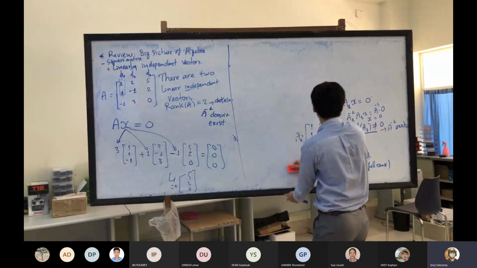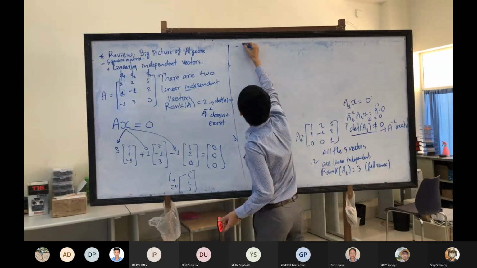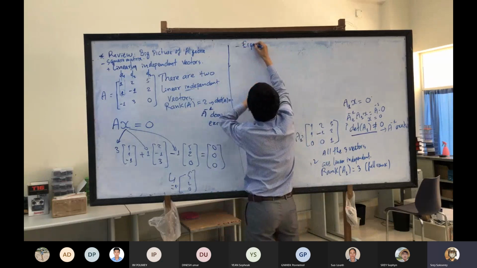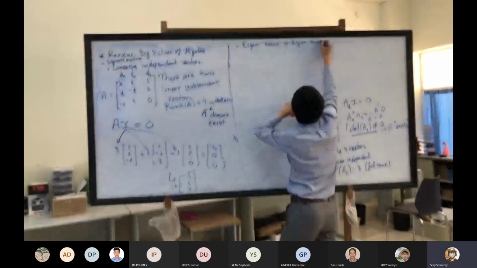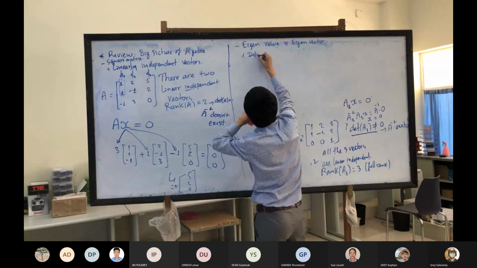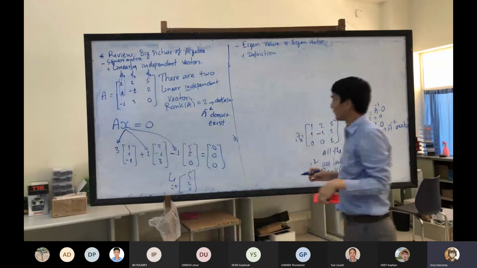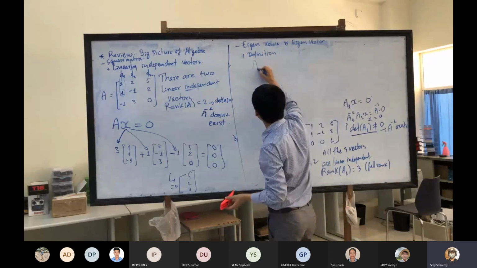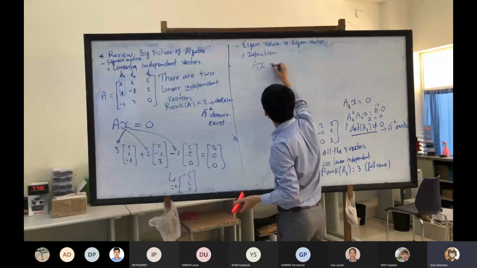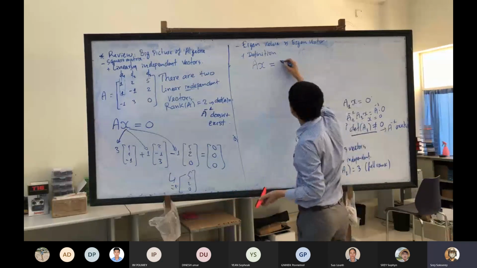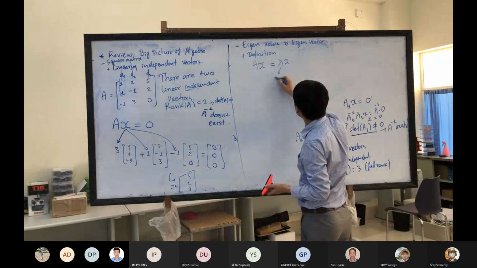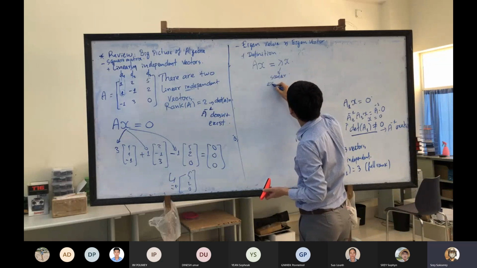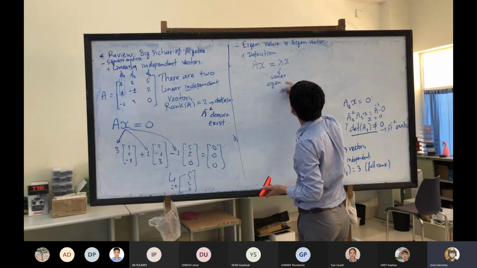Eigenvalue and eigenvector, definition. You have a matrix A, and you find a vector X such that multiplying by A just scales the vector X. Lambda is a scalar, and it's called the eigenvalue.